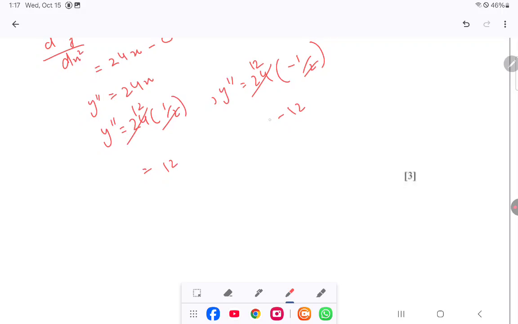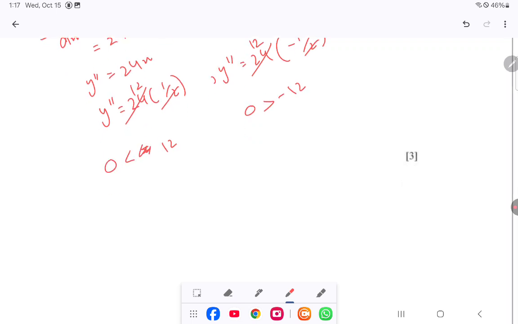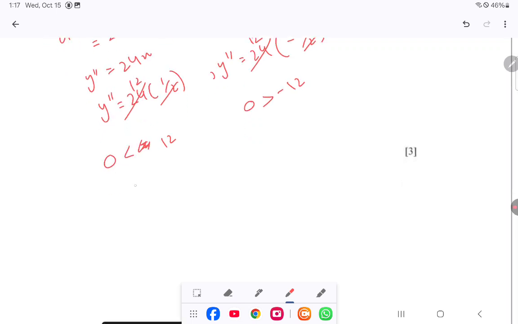So these are the two values, the value which is less than 0 and the value which is greater than 0. The one greater than 0 we consider as our minimum, and the one less than 0 we consider our maximum.